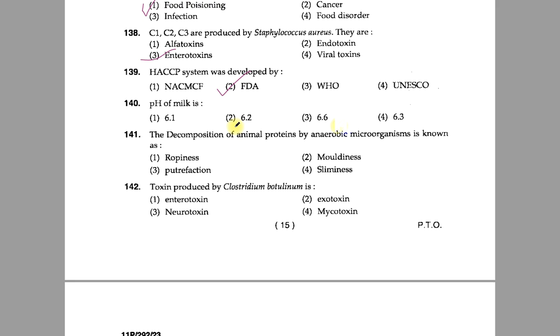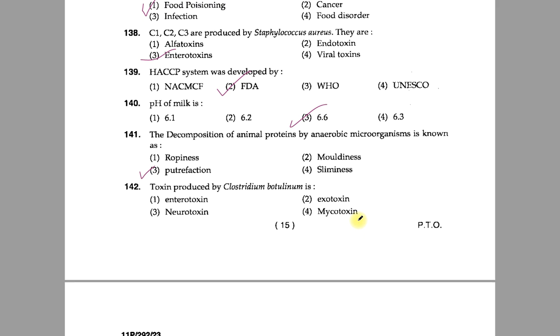Question 141. The decomposition of animal proteins by anaerobic microorganisms is known as 1. ropiness, 2. moldiness, 3. putrefaction, 4. sliminess. The correct one is the 3, putrefaction. Question number 142. Toxin produced by Clostridium botulinum is 1. enterotoxin, 2. exotoxin, 3. neurotoxin, and 4. mycotoxin.